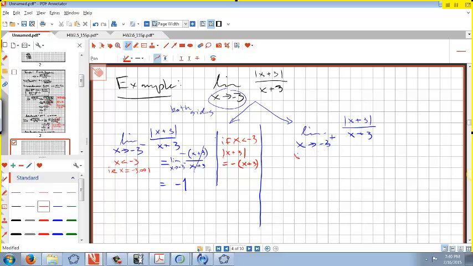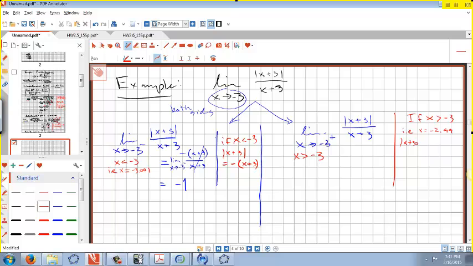If we're talking about coming from the right and we're saying x is greater than negative 3, i.e., x is equal to like negative 2.999 or whatever, then notice if I plugged in, say, negative 2.99, this whole thing would be positive, and so the absolute value is just going to remain the same.